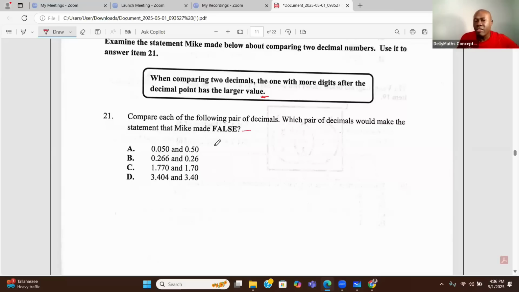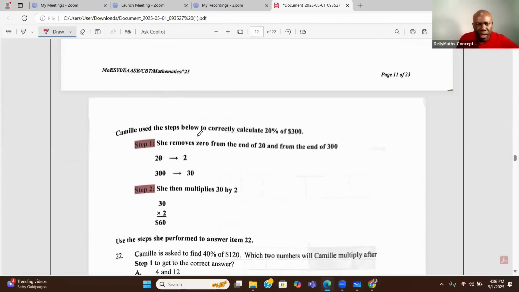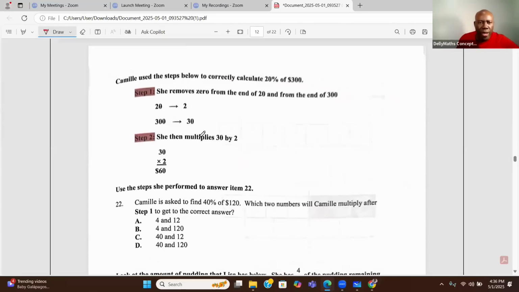So we want something to contradict it. That means we want to find one of these that has more digits, but it's less. For example, this, because 0.050 has more digits after the decimal, but it is less than this. So he was saying that it must be more, but this would have proven it incorrect. A. Now let's take a look at this other question.